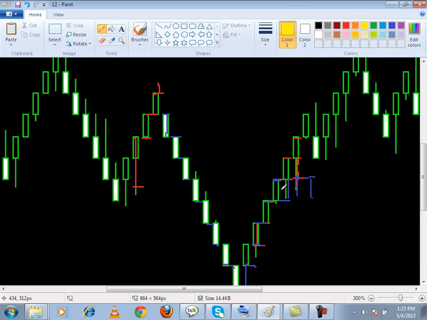Now the price has traveled one candle, here is a buy, here is a buy, and the price has traveled one candle distance down, so here is a sell also. Then a buy, and this buy will hit SL. The price has traveled one candle distance down, so here will be a sell, here will be a sell, but it will hit SL.